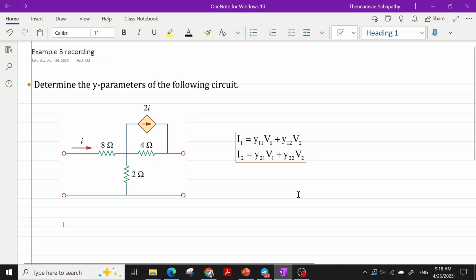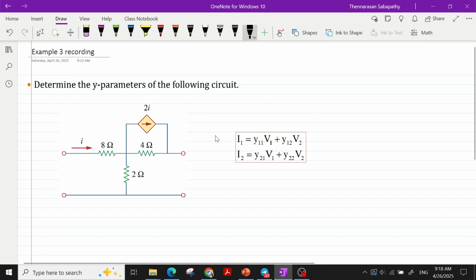As I taught you before, with the conventional method you will have to eliminate one of the sources. Let's say you want to calculate the parameters y11 and y21.